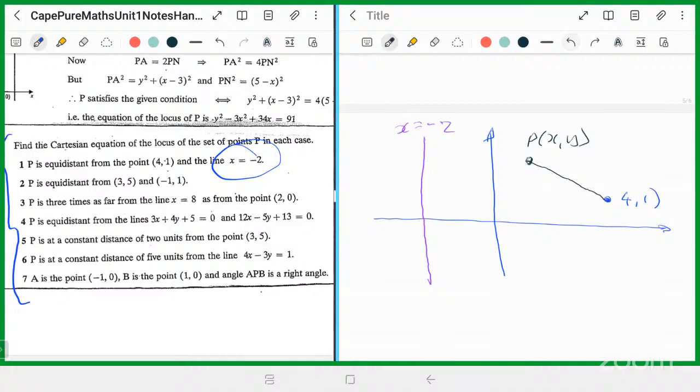Now remember, the distance from this point to this line is a perpendicular distance like this. So this is perpendicular. Since this line is x equals minus 2 and this is on a horizontal line, the y value here and the y value here is the same. So this point right here will be minus 2, y, if I call this point x y. These two distances are not so perfect.